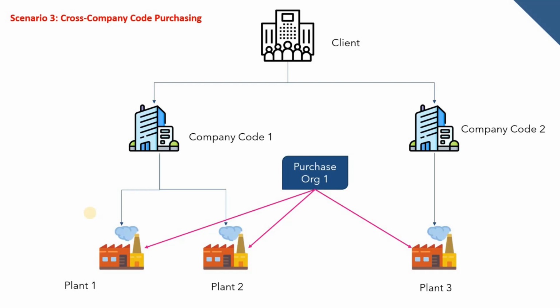In order to make this work, we have to configure this in the SAP MM module. We are going to see this when we do the hands-on. The most important thing is that purchase organization 1 should not be assigned to any company code in order to perform cross company code purchasing. You should only assign it to plants.